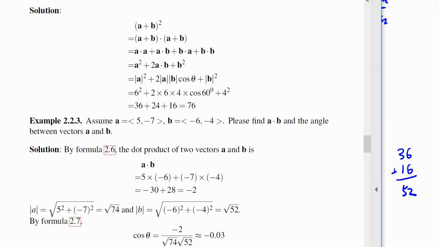Okay. So then you have radical 52. You put it right here. By calculating -2 divided by the product of these two radical expressions, we shall have -0.03.